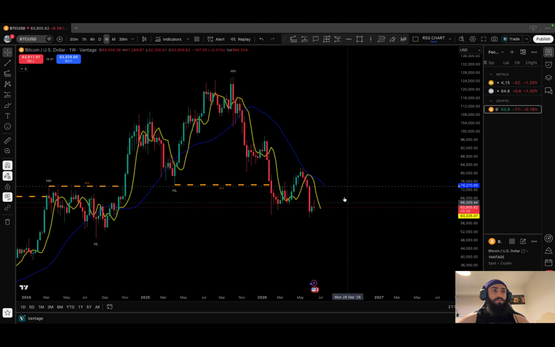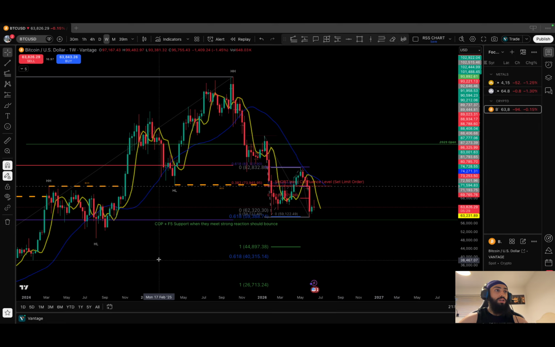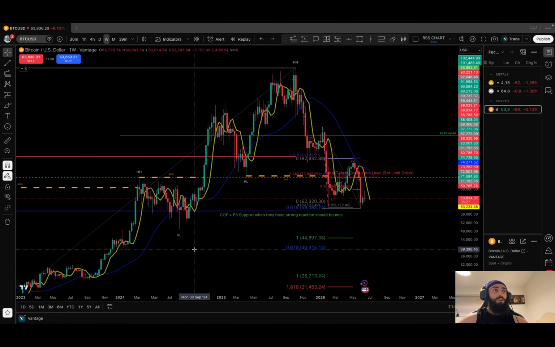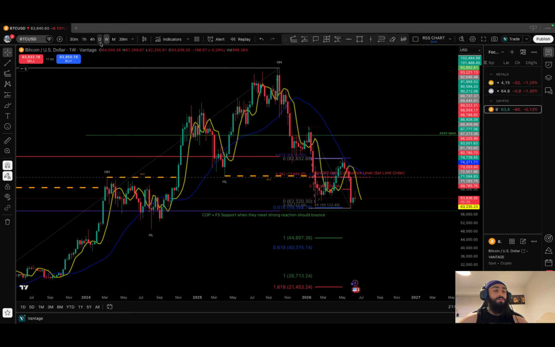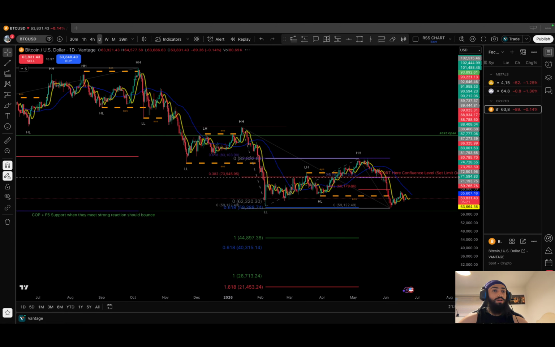I have an area of interest with this being a confluence level. If I go down to lower time frames, I'll be able to show you guys that that is a confluence area. Bitcoin on the daily, weekly and monthly is still down overall.